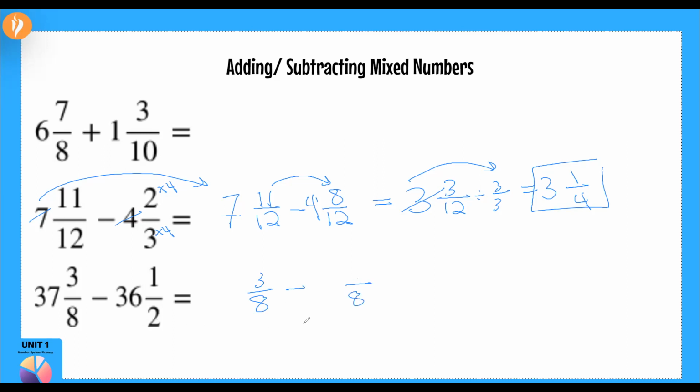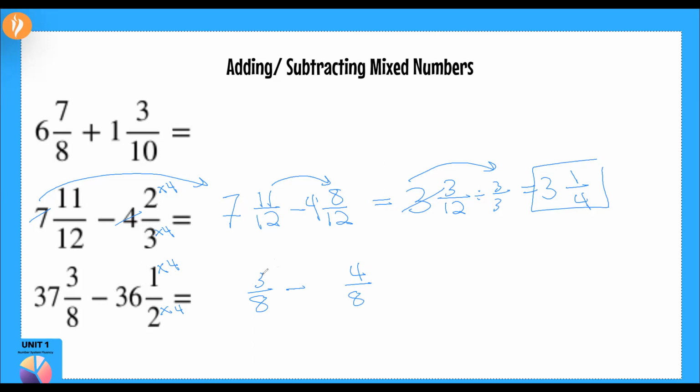How do we get from 2 to 8? We multiply by 4. We multiply the top by the same number we multiply the bottom by. Well, 1 times 4 is 4. Now look at these fractions. There's no way to take 4 from 3 because 4 is bigger than 3.